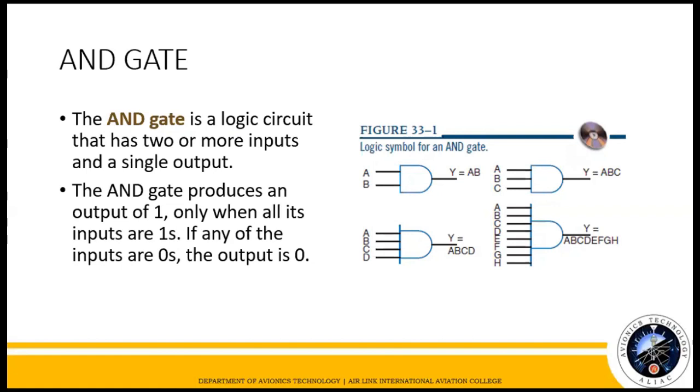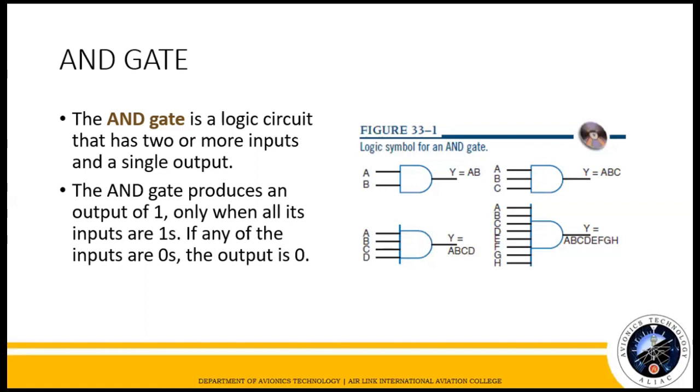An AND gate can have any number of inputs greater than 1, and the figure shows symbols representing the more commonly used gates of 2, 3, 4, and 8 inputs. So as you can see there, let's say you have an input A and B, and then your output will be AB.